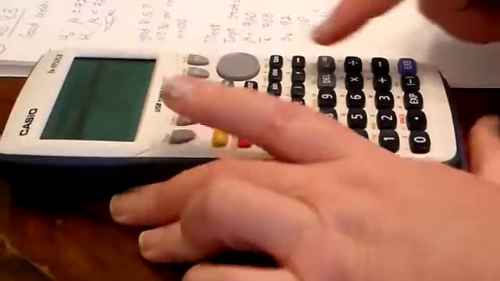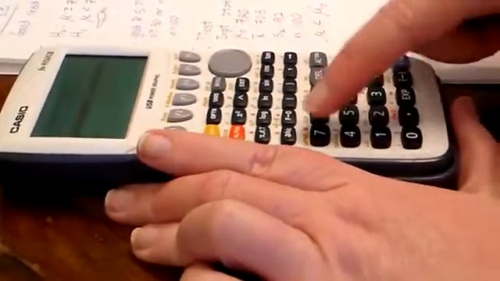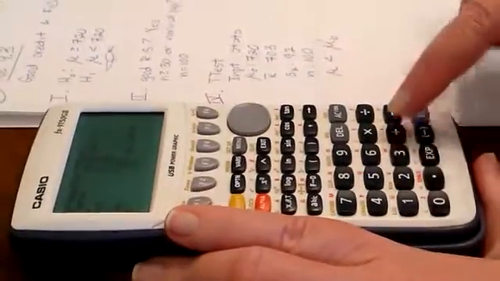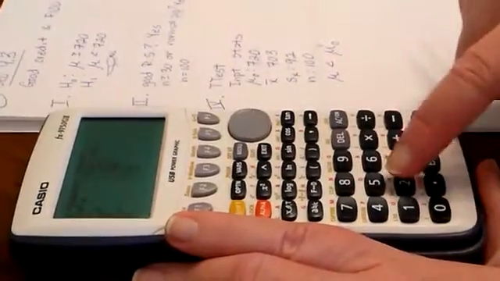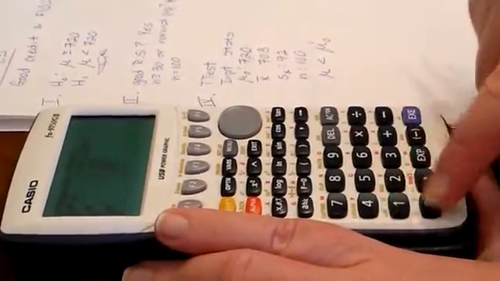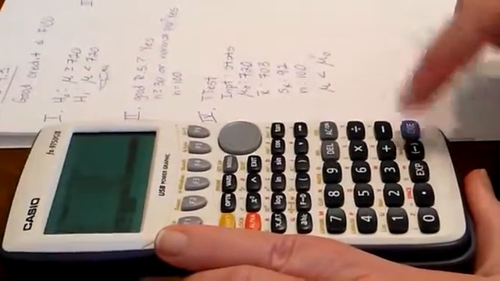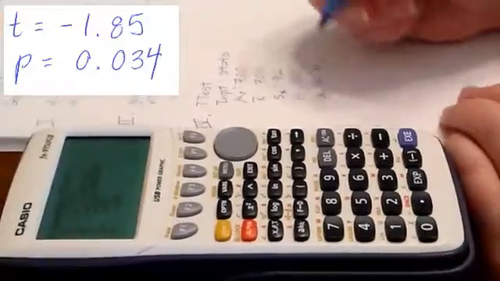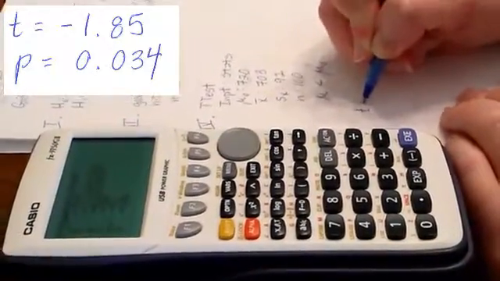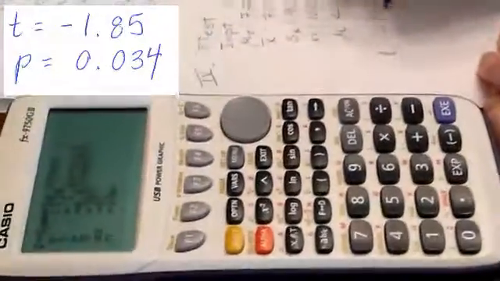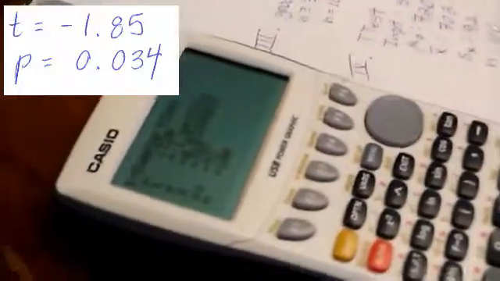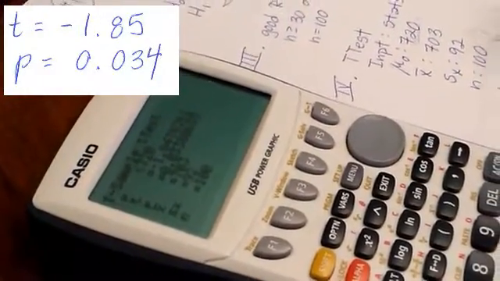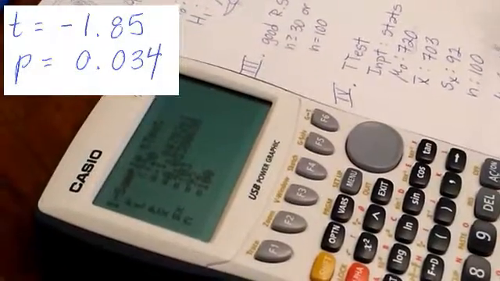This is less than 720, x bar is 703, s is 92, n is 100, and I get t equals negative 1.85, p is equal to 0.034.